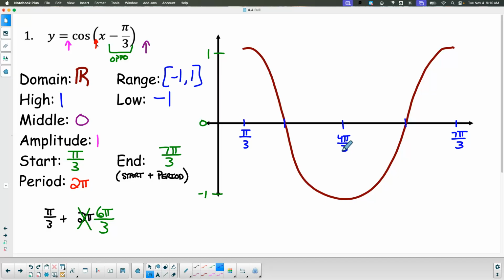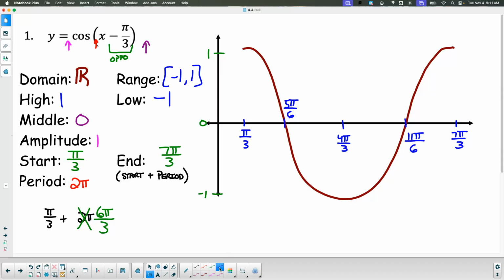If we can't divide the numerator by 2, we've got to multiply the denominator by 2. Okay? So this would be 5 pi over 6. 4 pi over 3 plus 7 pi over 3. 11 pi over 3 divided by 2. 11 pi over 6.